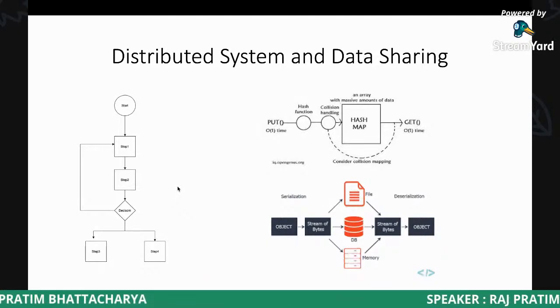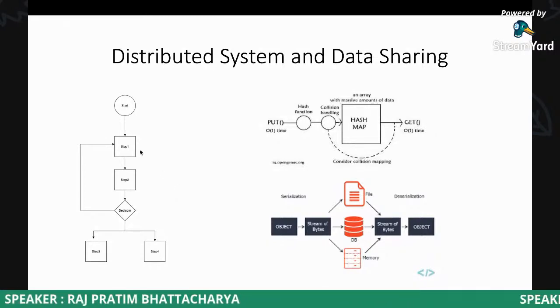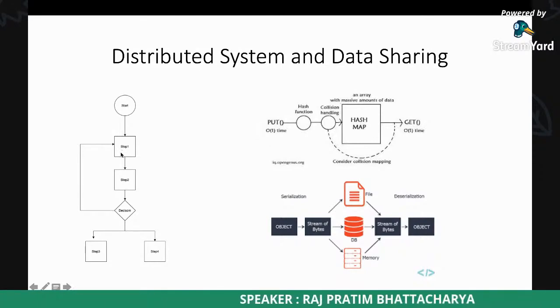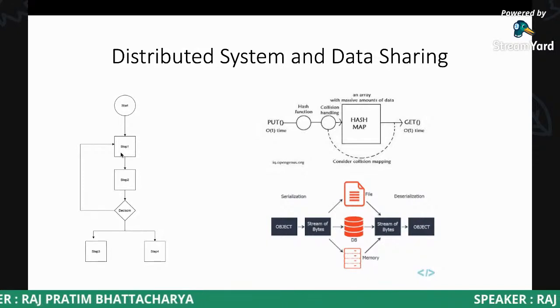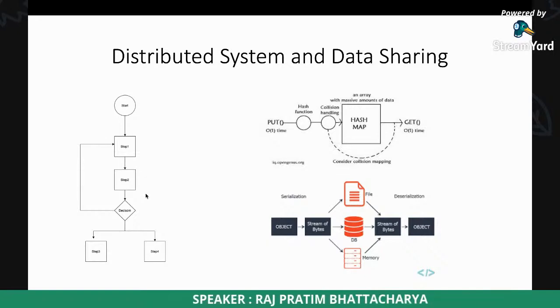Now there's also one more concept called serialization. Whenever you hear the term distributed system, you should think of serialization, because these are cross system calls, that is, they are not in the same system. They may not even be in the same country or region. They may be in different places, but they have to interact.